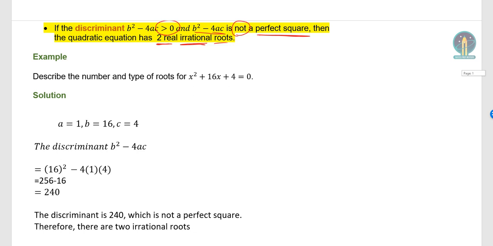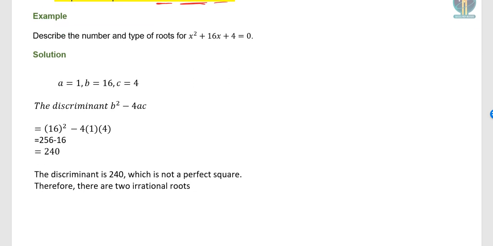Let's look at an example. Describe the number and type of roots for x squared plus 16x plus 4 equals 0. Again, noting the coefficients, we have a equals 1, b equals 16, and c equals 4. The discriminant, b squared minus 4ac, gives us 16 squared minus 4 times a, which is 1, times c, which is 4.